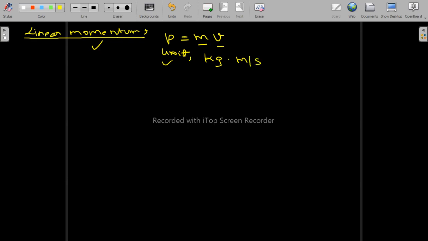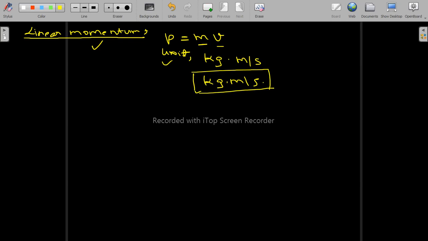So the unit of linear momentum will be kg meter per second. Yes, this will be kg into meter per second. The unit of linear momentum is kg meter per second.